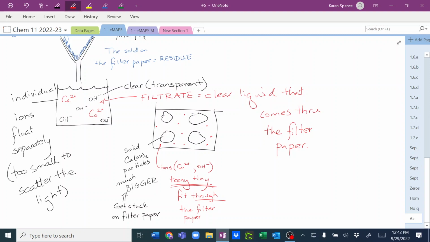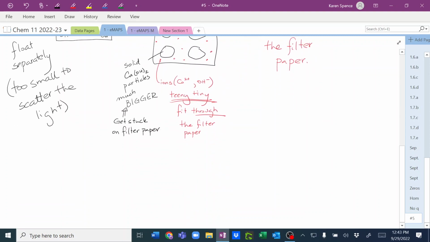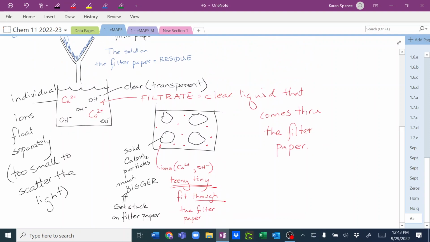Water has a slightly negative end and a slightly positive end. What does it look like on an atom level? We'll go more into this in the next unit, but here's a little teeny tiny preview for you. So you would have your calcium ion and your water.